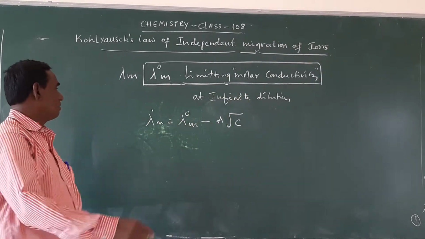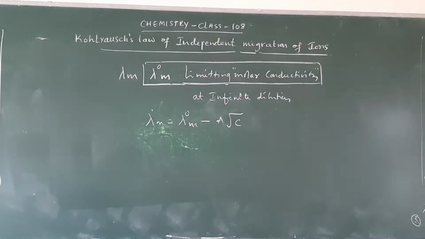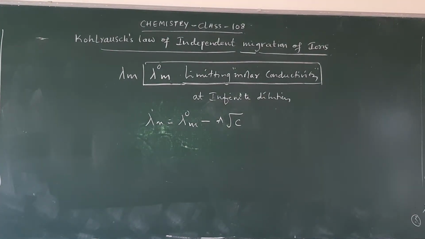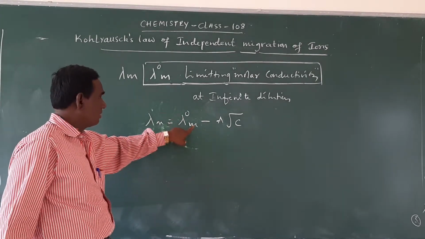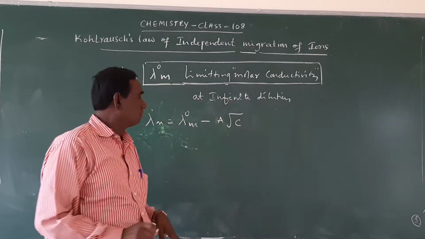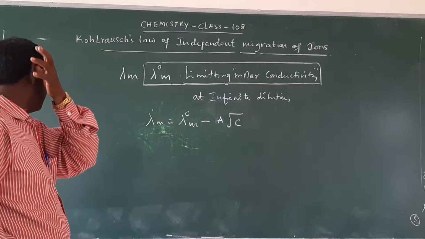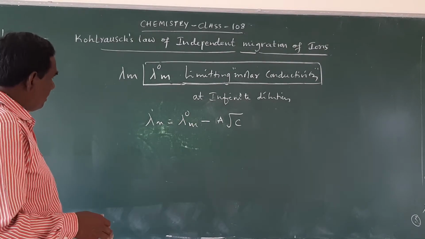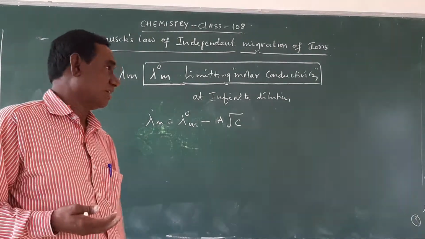Lambda m is the molar conductivity, lambda naught m is the limiting molar conductivity, A is a constant for a given electrolyte, and c is the concentration of the electrolyte.